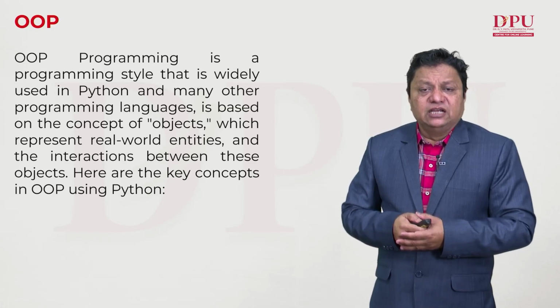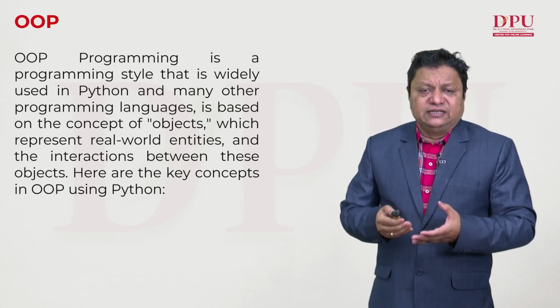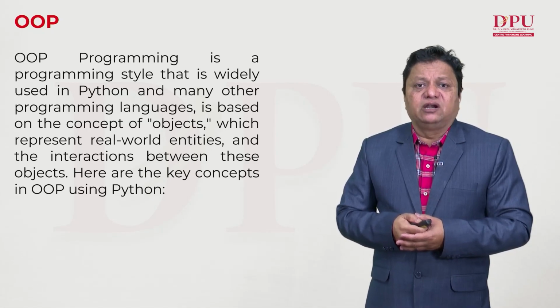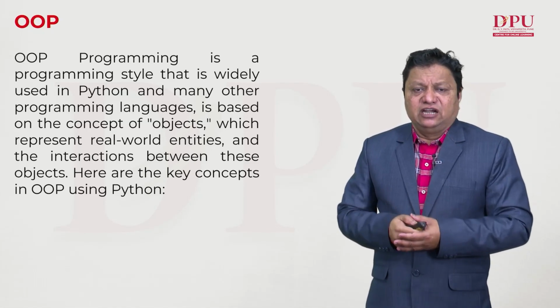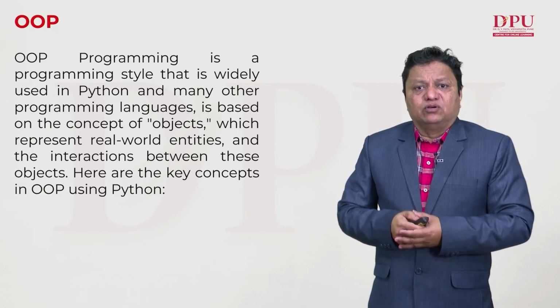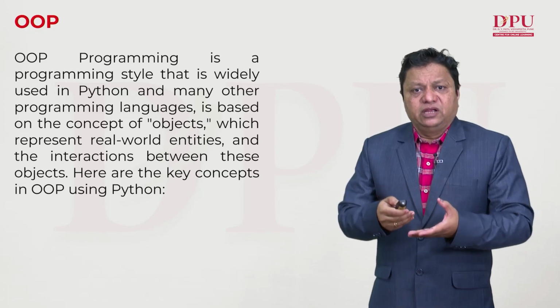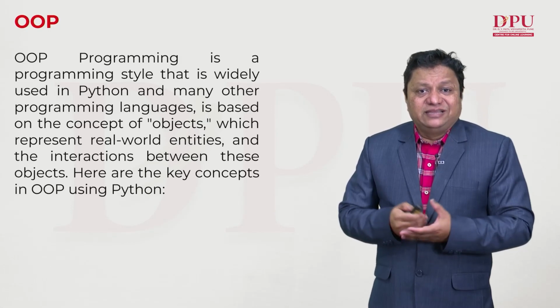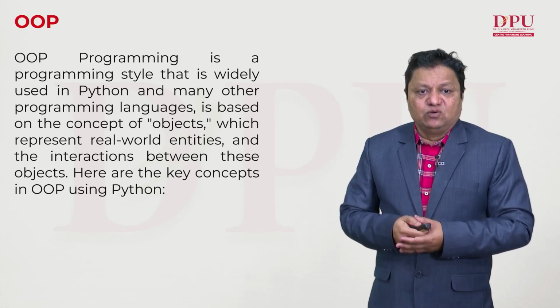Now, let us look at some of the OOPS concepts. OOPS is a programming style, that is the object oriented programming style. Like I said, there are different styles of writing a program. It could be process oriented, it could be event driven, or it could be object oriented programming that C++ follows.